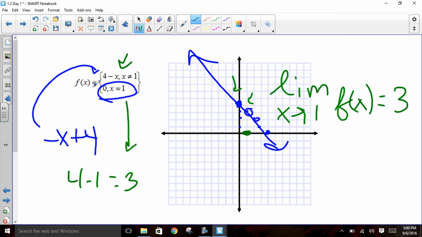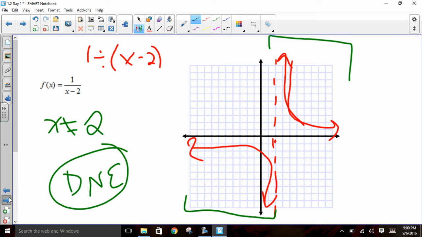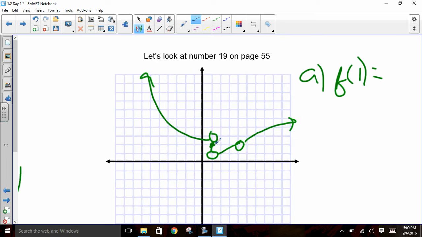If we look at this example here, when x was 1, my answer was 0, but I had a hole over here. So my answer for this first one is actually going to be my filled in circle. It's what it's going to be exactly at 1. So in this case, my answer is 2, because when x is 1, I have a solid dot at 2.